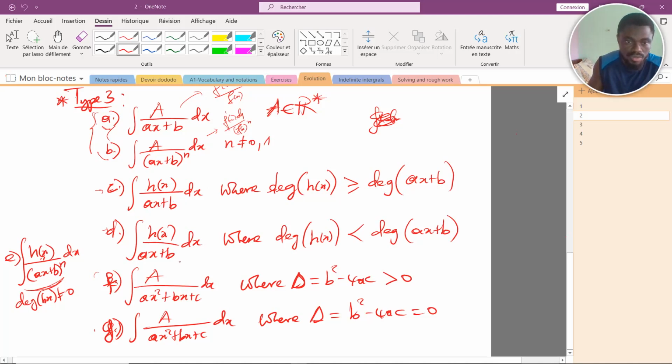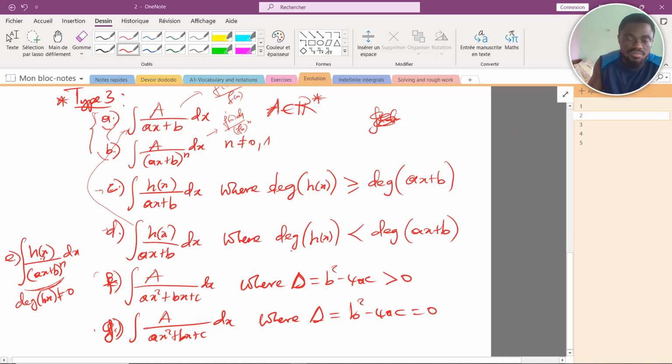We saw this other one where, when the degree of this is less than this, there was no need of doing this, but I introduced this just to see to which extent you can reason. So we saw here that this first case is simply identical to this first case, because the degree of ax plus b, the highest power of x here, is 1.